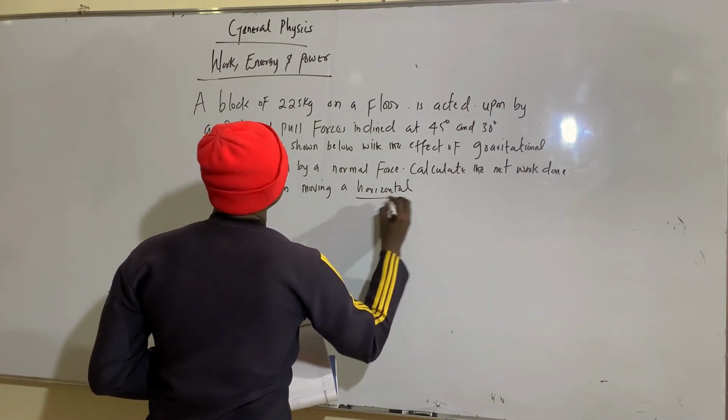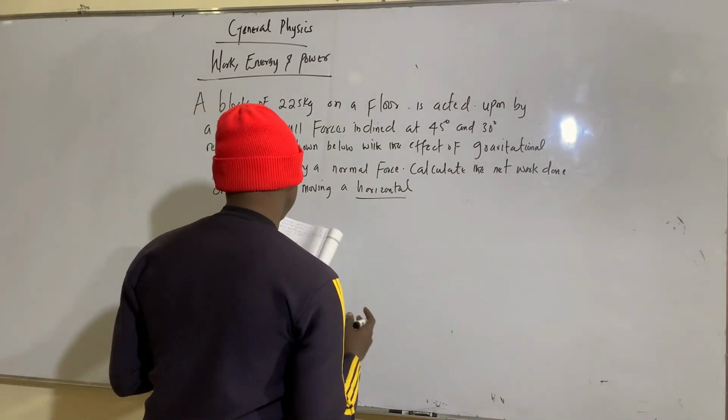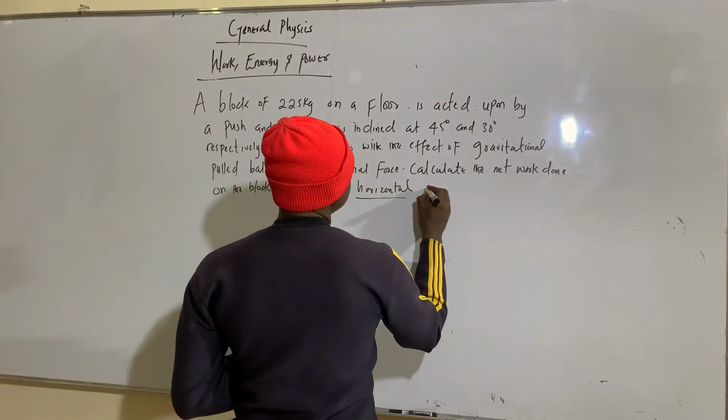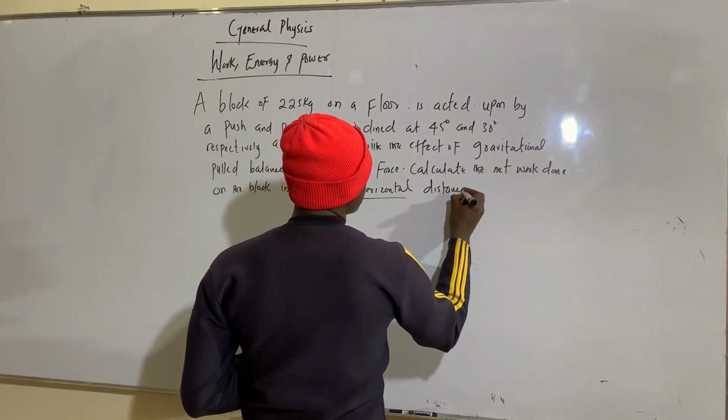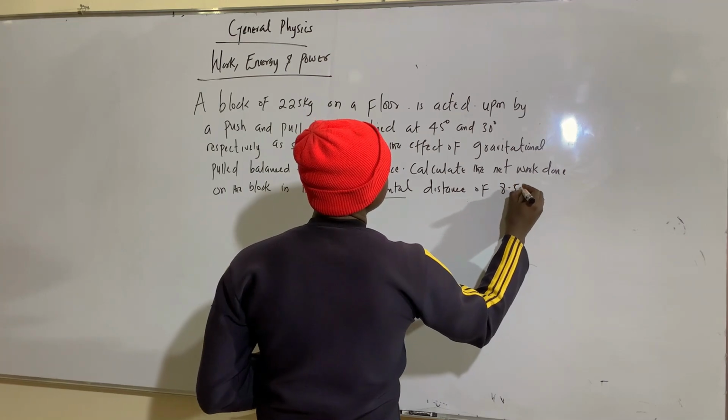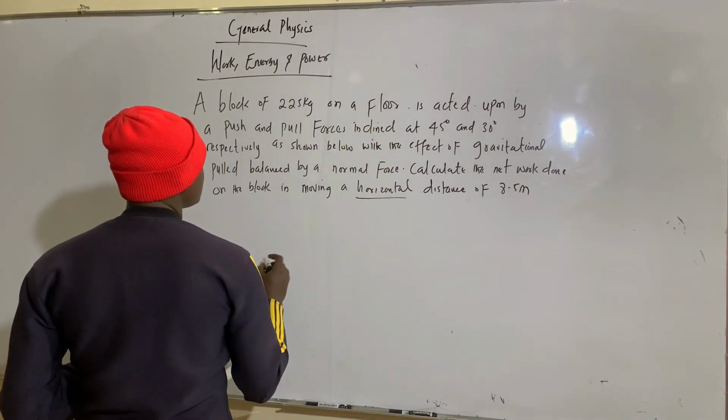You can see underline the word horizontal. They indicate horizontal distance of 8.5 meter. So this is the diagram they're talking about.